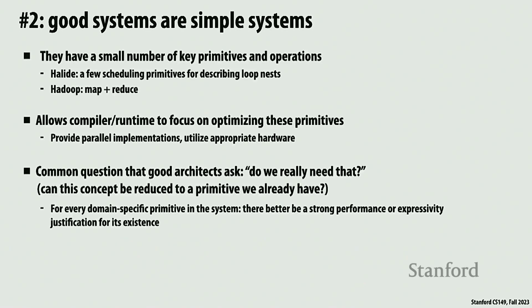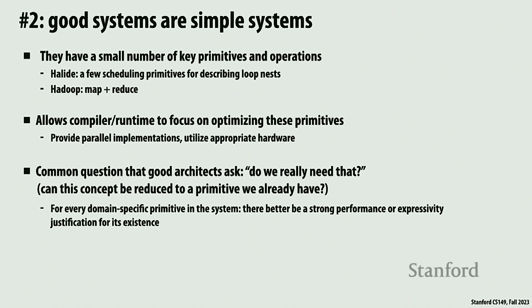And then the other thing is that a lot of these systems are incredibly simple. Good systems tend to have only a couple of primitives that are well optimized, and the power comes from composing them. If you're ever designing one of these things, people are going to come up to you and say, hey, can you just add this? Can you add that? And good architects actually are really curmudgeonly.